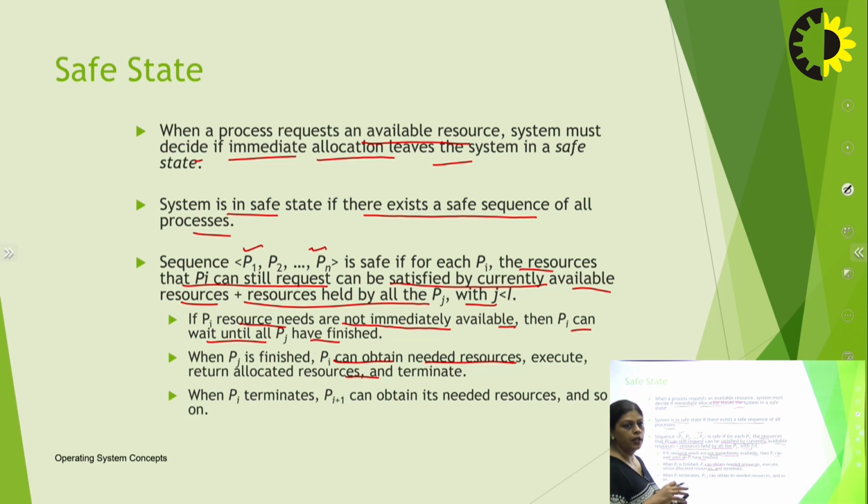Now what we'll do? The other process was waiting. The other process we checked, it was okay. We gave the resources, and it will return all the holding resources also. Then the available resources will increase, and we can satisfy the demand of Pi, which earlier we made wait, right? When Pi terminates, Pi+1 can obtain its needed resources, and so on.